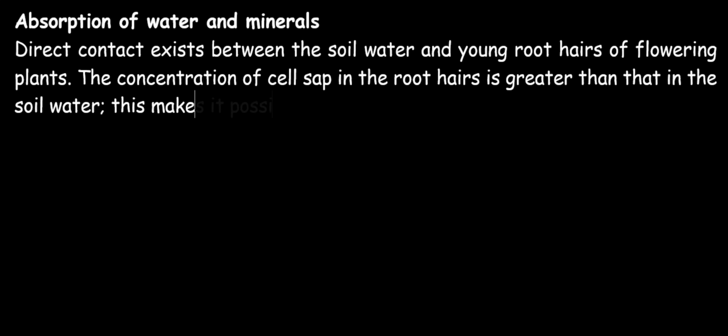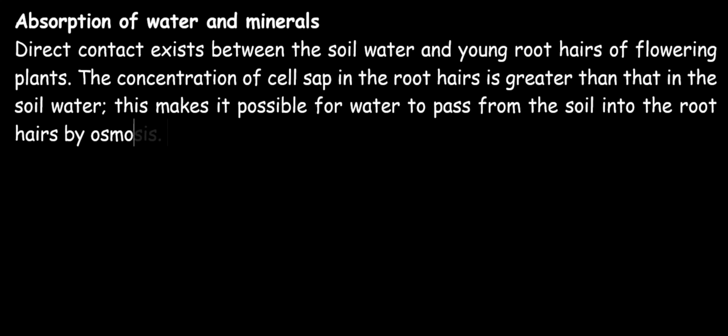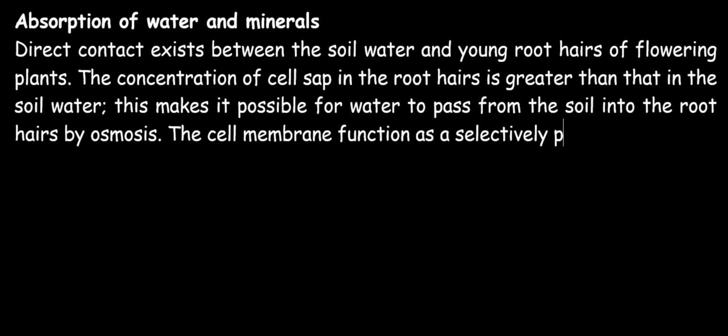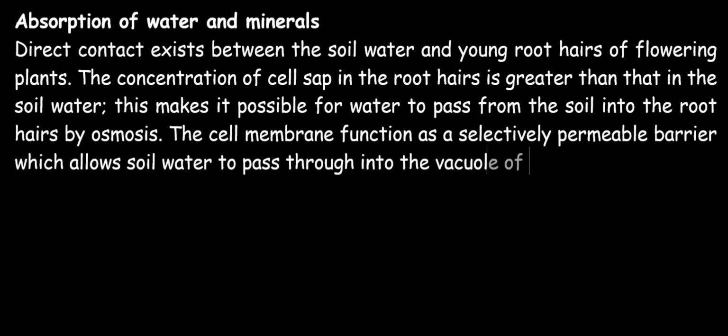This makes it possible for water to pass from the soil into the root hair by the process of osmosis. The cell membrane functions as a selectively permeable barrier which allows soil water to pass through into the vacuole of root hairs. And remember, without a selectively permeable membrane, osmosis cannot happen.